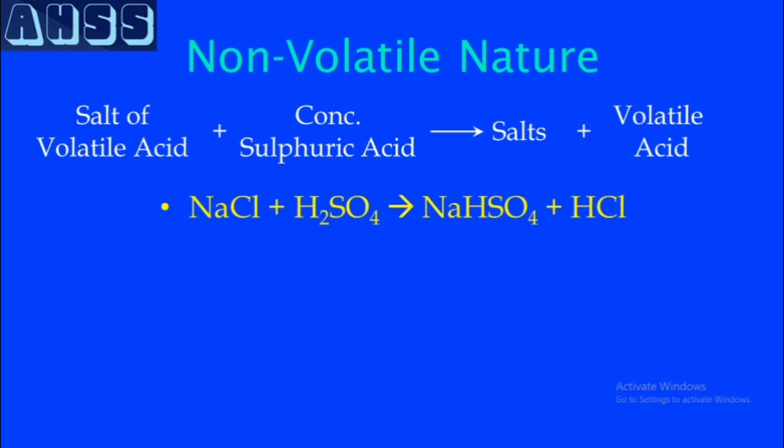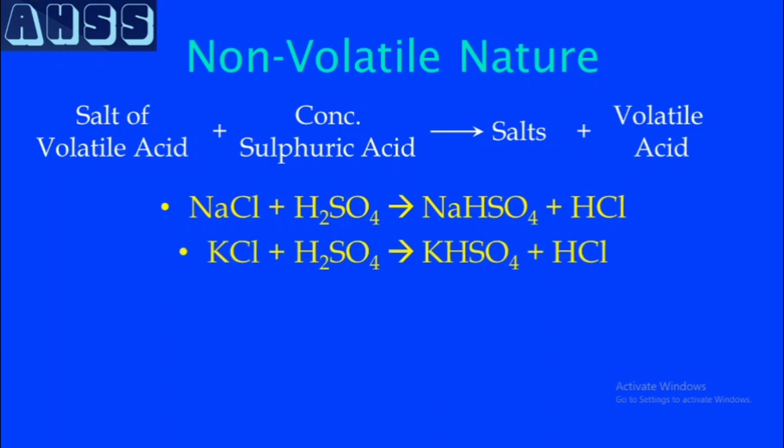For example, sodium chloride is the salt of hydrochloric acid. When it reacts with concentrated sulfuric acid, it gives sodium bisulfate along with a volatile acid, HCl, hydrochloric acid.